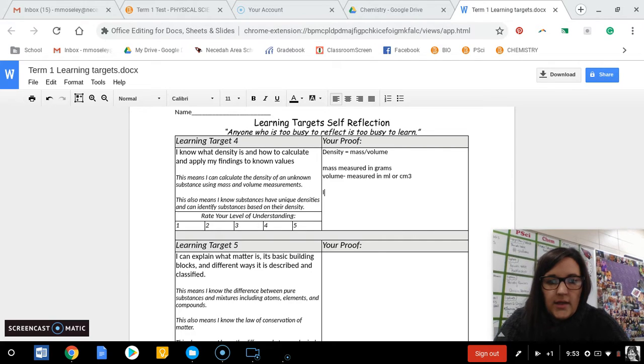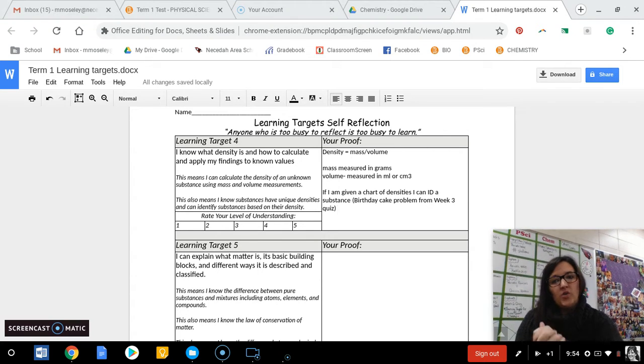So I could say, if I am given a chart of densities, I can identify a substance. And I can say that that was on the birthday cake problem from the week 3 quiz.